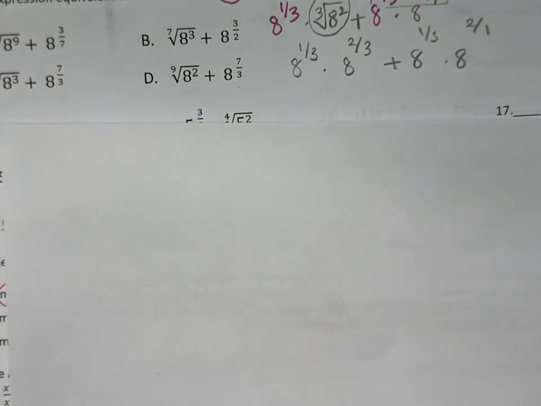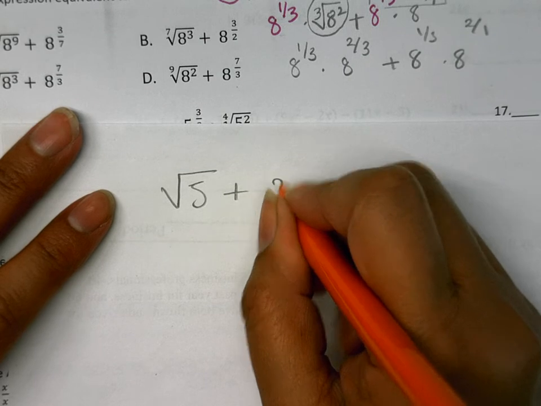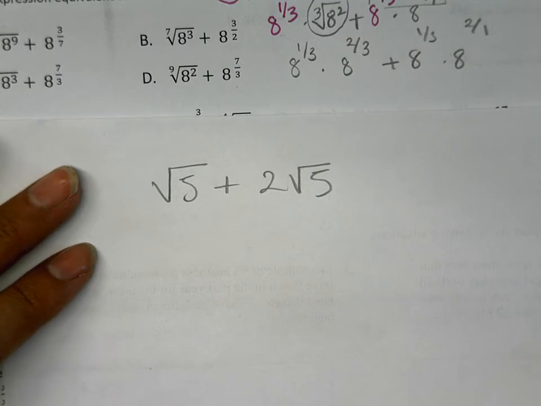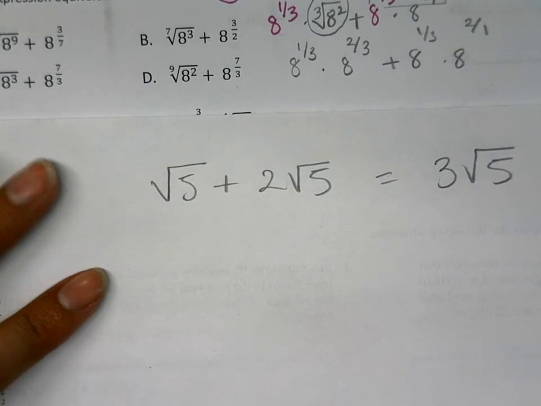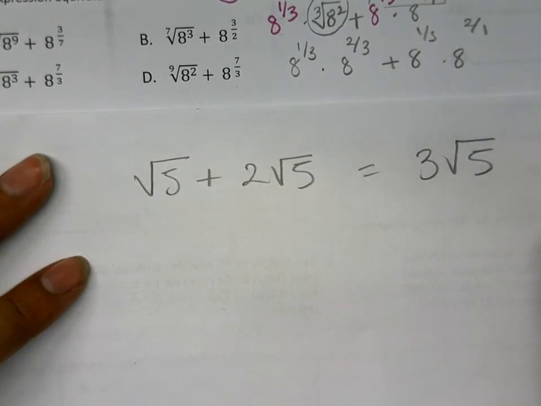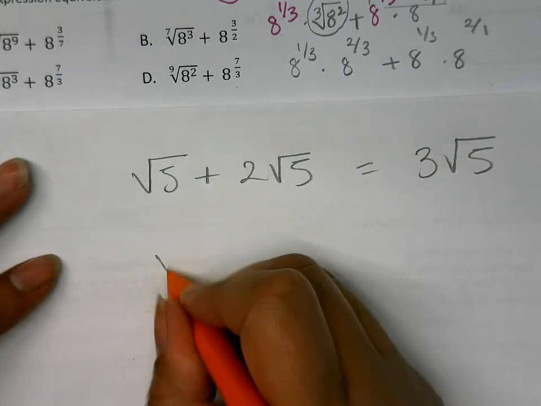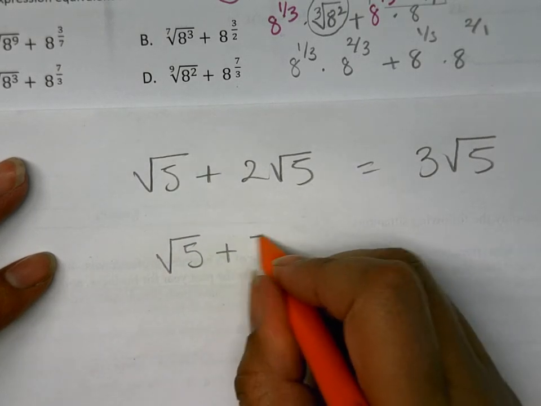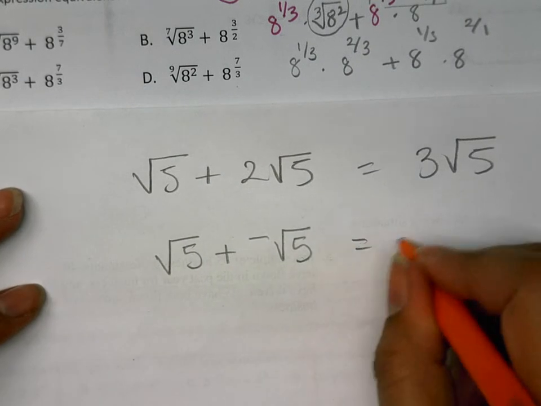For example, is root 5 plus 2 root 5 rational or irrational? Okay, but I want to add them so that it can become rational. What's the only way that's going to happen? Root 5 plus negative root 5, does that undo each other to become 0?